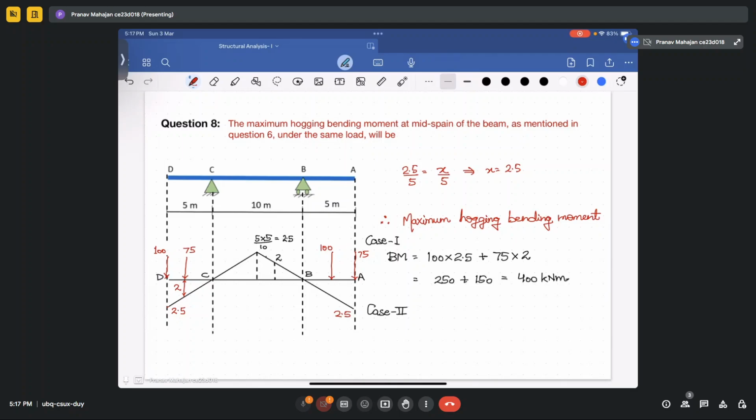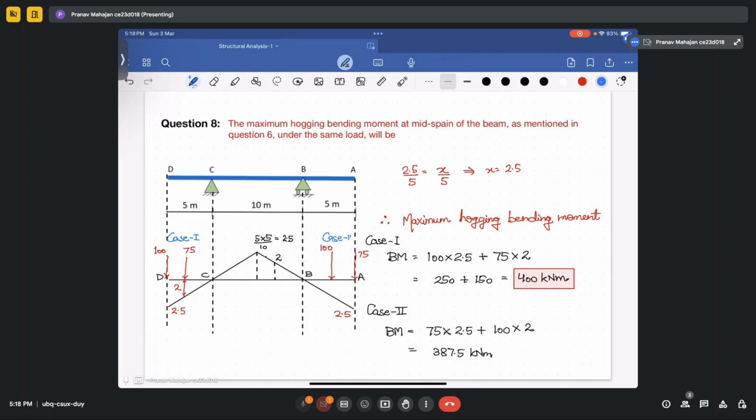Okay, so your bending moment in case two will be 75 into 2.5 plus 100 into 2, and that value comes out to be 387.5. So your maximum value is 400 kilonewton meter. So case one you will consider for maximum bending moment at the point.